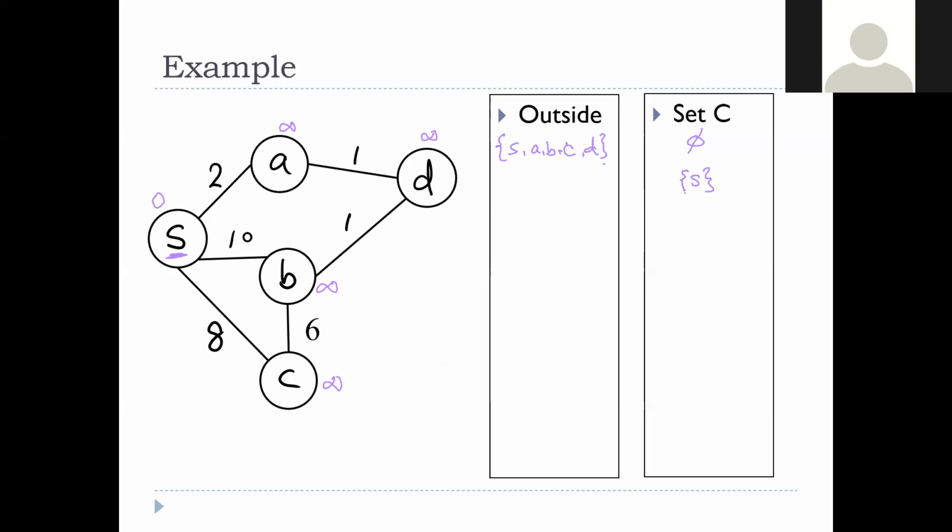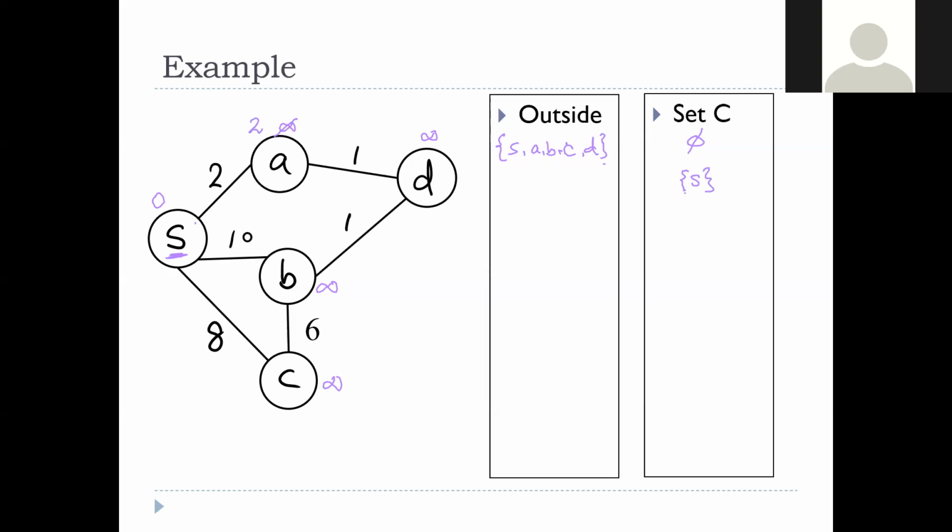So I look at all the edges incident to S, okay? I look at the edge SA, and by updating this one, I discover a better way to reach A. So by exploring S, I find that A can now be reached within distance 2.